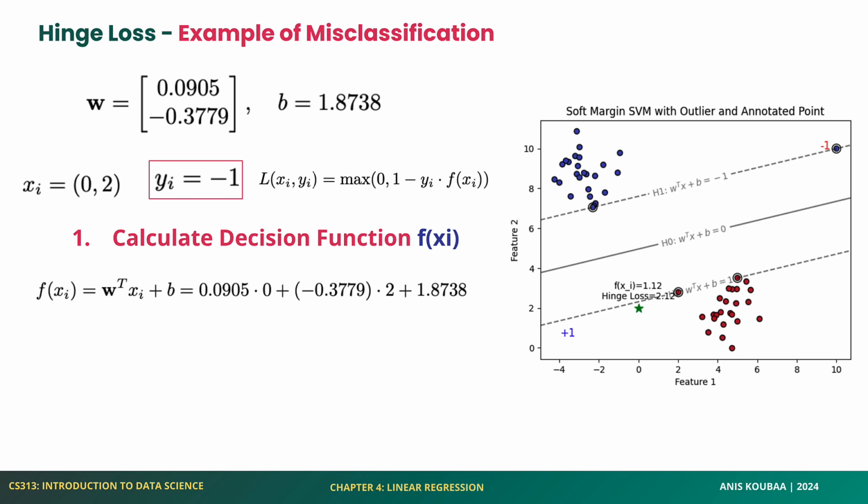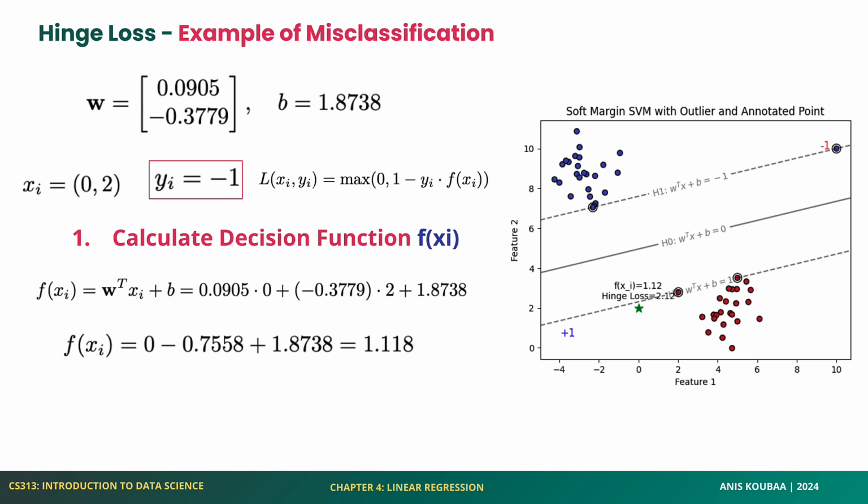This function is going to give us a certain value. Doing the calculation, we find that f(xi) is equal to 1.118, about 1.12. So that's the value. Now I have this, so I'm able to calculate the hinge loss.